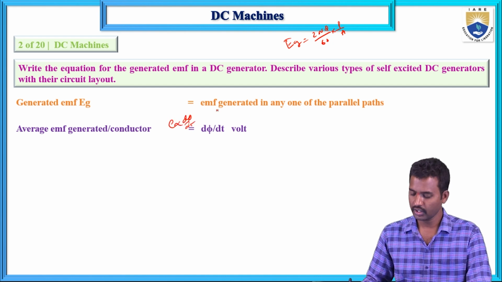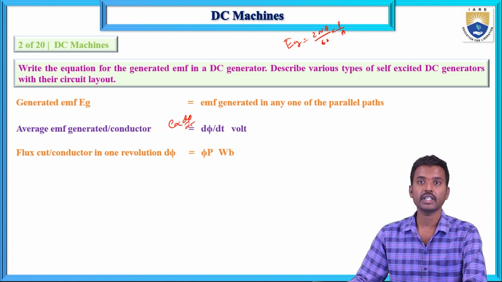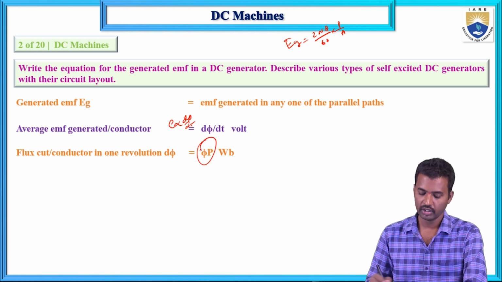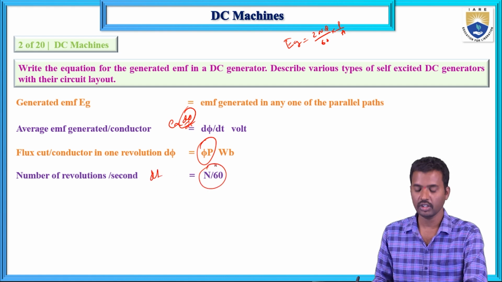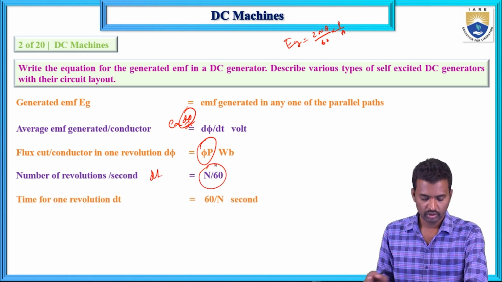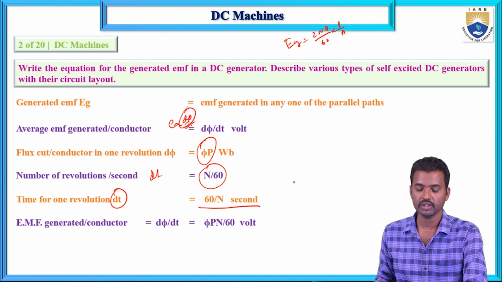The flux cut by one conductor is phi p, that is d phi, and dt, the time taken, is 60 by n. This we discussed in the previous lecture on the EMF equation of a DC generator.